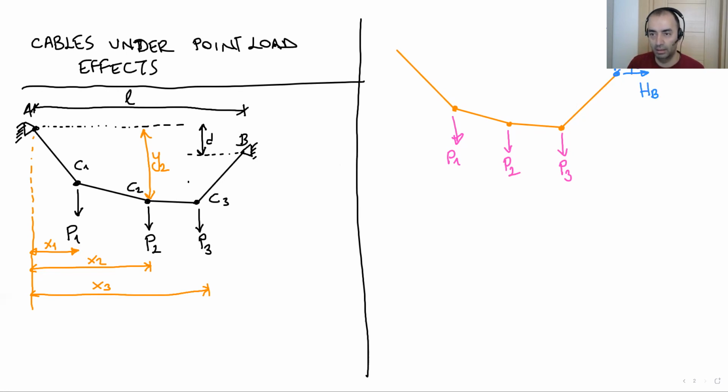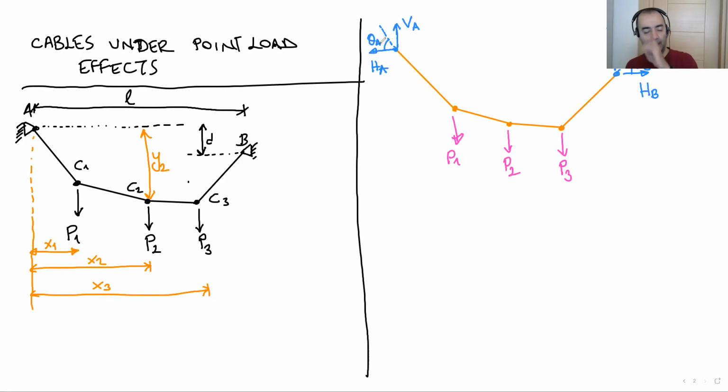This is the angle, theta B. It's the same for point A: vertical VA, horizontal HA. Okay.